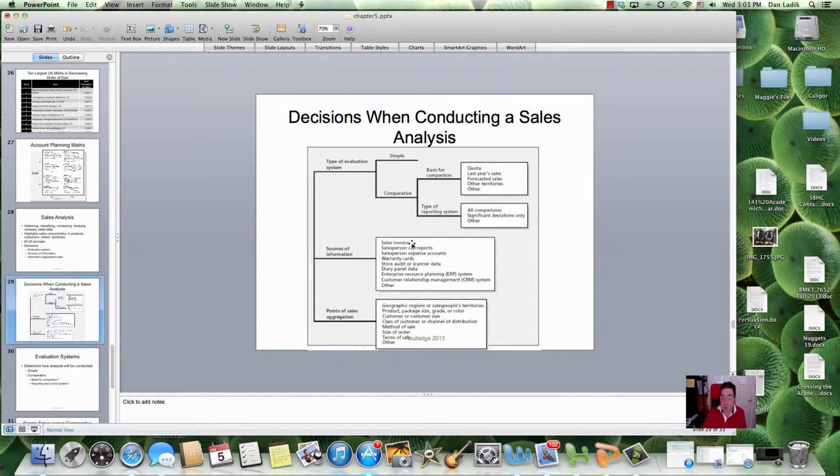But we're looking at invoices, call reports, expense accounts, warranty cards, satisfaction, customer relationship management system stuff, enterprise resource planning. And then we're doing this by geography, by product, by package, by customer size, by sale, by order. So based on this information, we come up with this overall comparison.